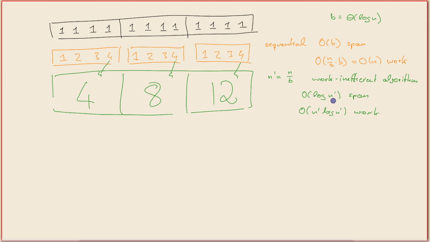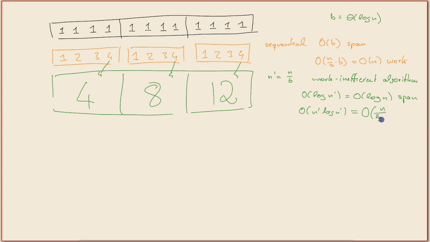If I have log of n prime, if I insert what I know about n prime, n divided log n, that's log n minus log n. So that's a lower order term. The asymptotic cost here is the same as log n. Span, not spam. And the interesting thing happens here. If I insert n divided log n here, what I get is that the log just cancels.